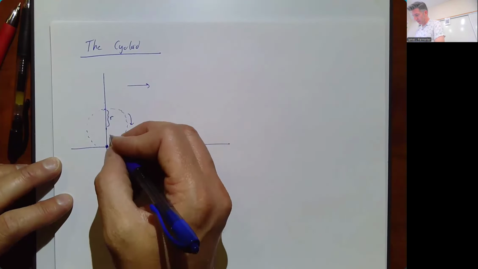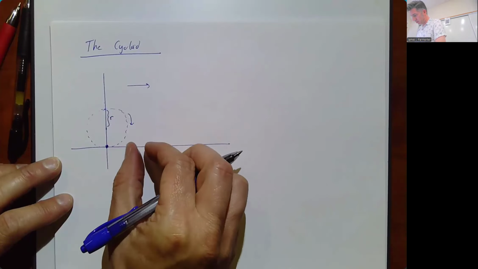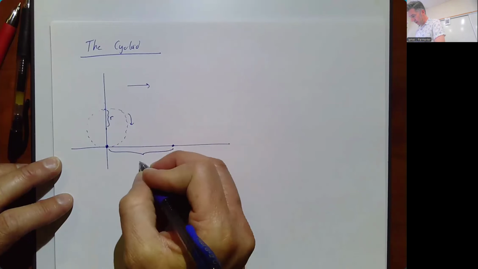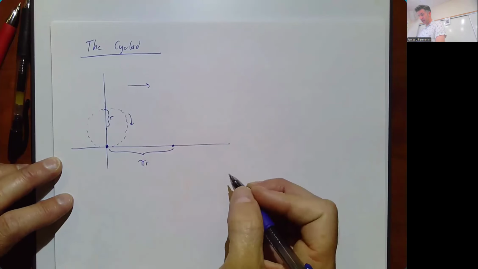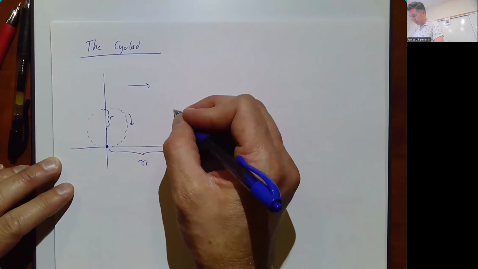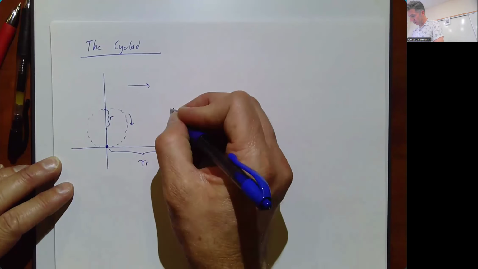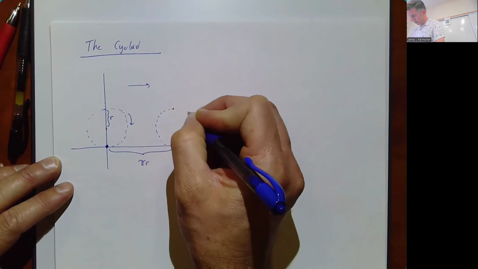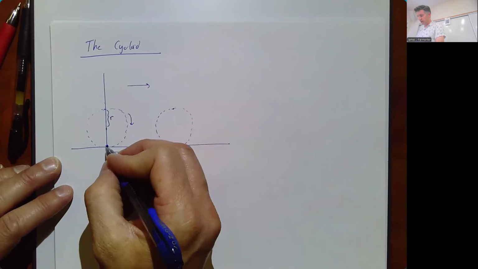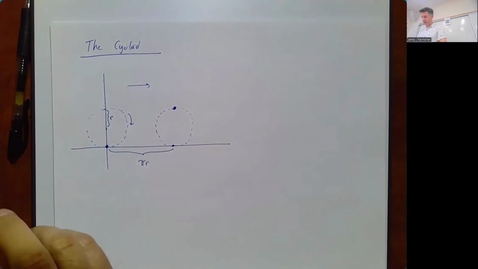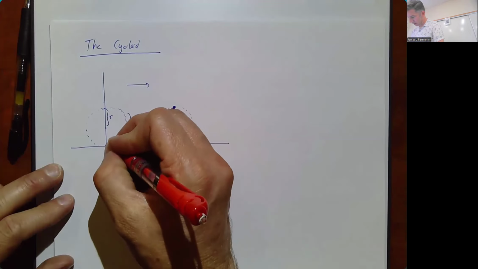So this distance is pi times the radius. And when I've gone pi radians, I've exactly done half a revolution. So at that point, the stone that was on the bottom of the wheel is now at the top of the wheel. So I'm kind of tracing out this path, looks something like this.